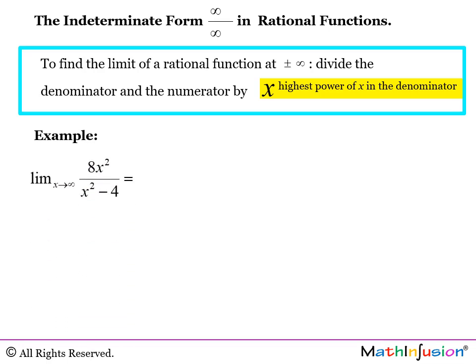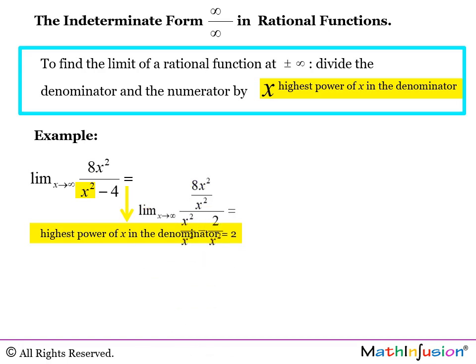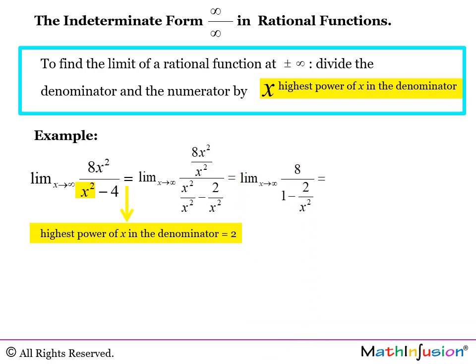For example, in this case, first we have to find out what is the highest power of x in the denominator. It is 2. So we are going to divide everything by x to the power of 2. Now we are going to do some algebra and simplify, and we get that.